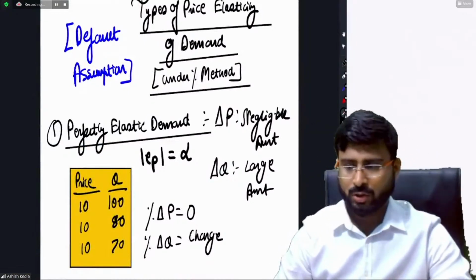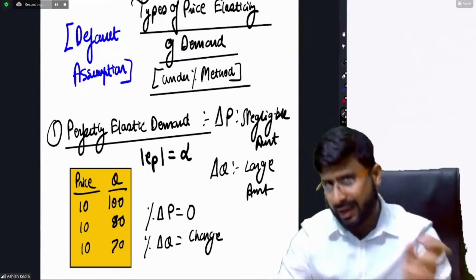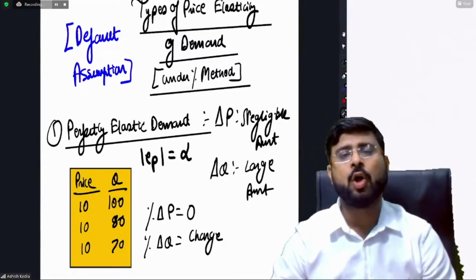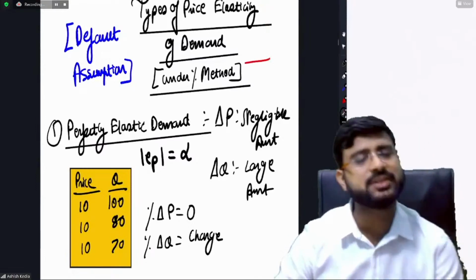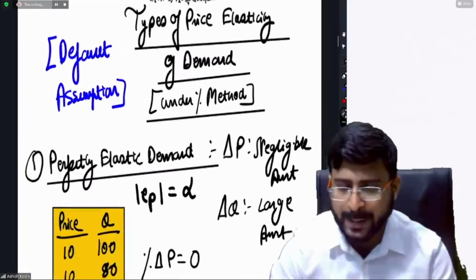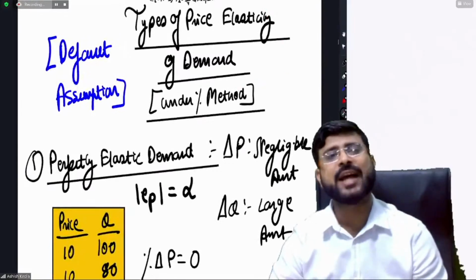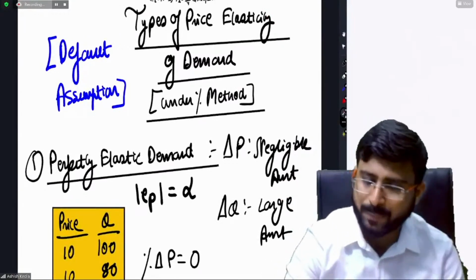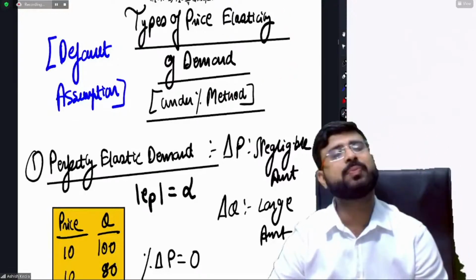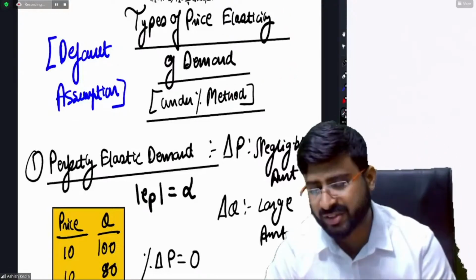Great. So friends, having understood the formula of price elasticity of demand, we are now studying types of price elasticity of demand. What are we studying?